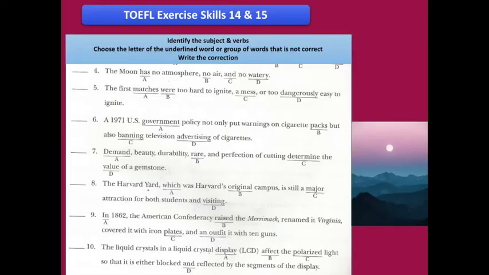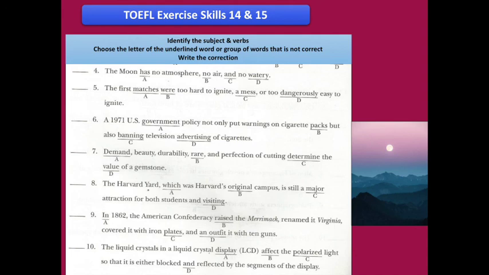Now, your assignment is to do the rest of the questions. Remember, on this section of the exam, you should read the sentence, identify the subjects and verbs, and because these questions are for skill 14 and 15, you need to look for parallel structure with coordinate conjunctions and parallel structure with paired conjunctions.